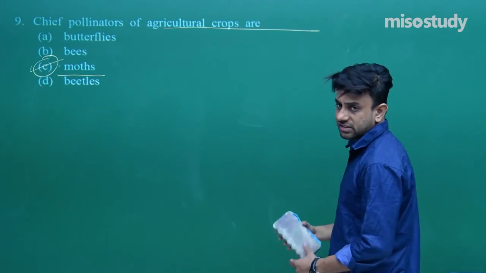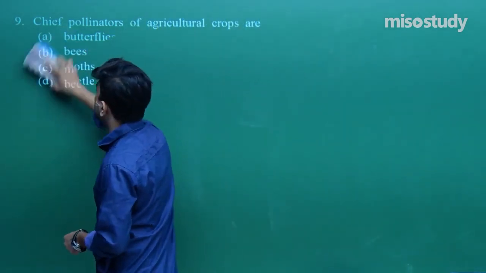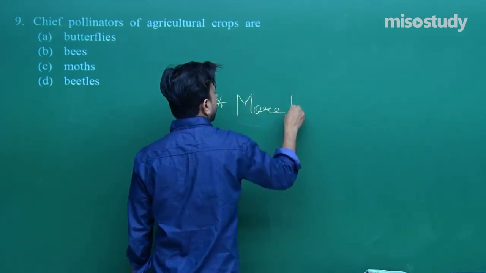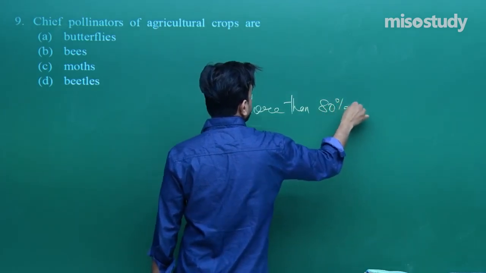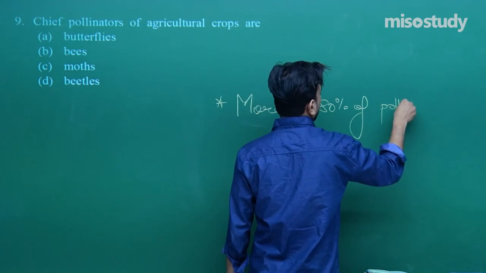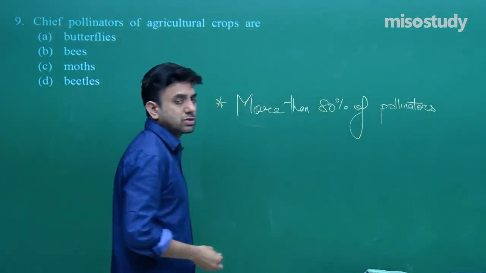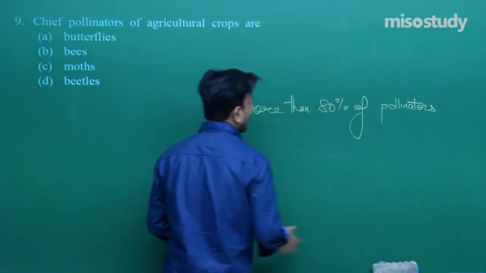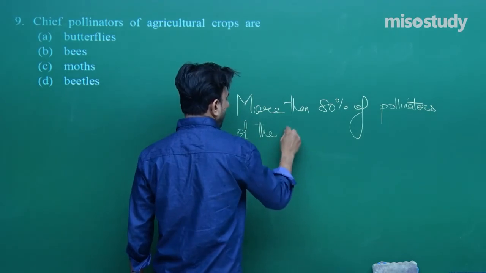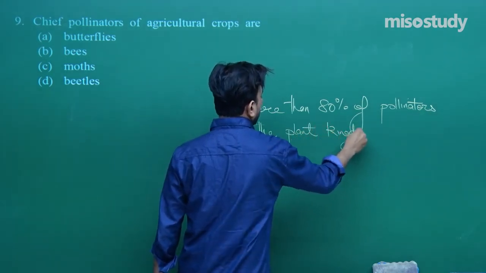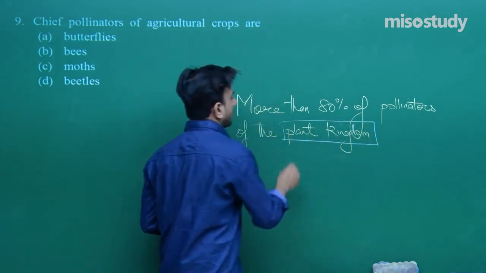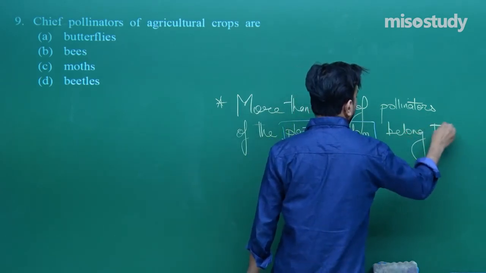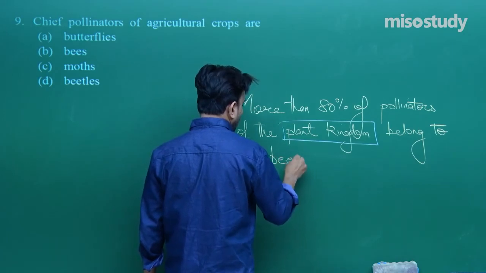Chief pollinators of agricultural crops are, we will see, that more than 80% of the pollinators of the plant kingdom belong to the bees.